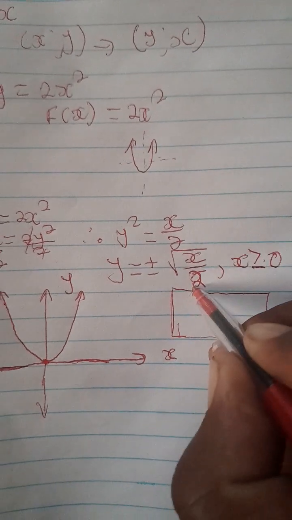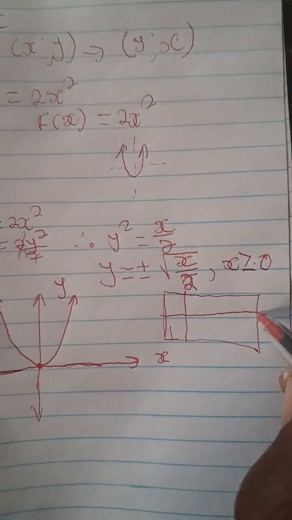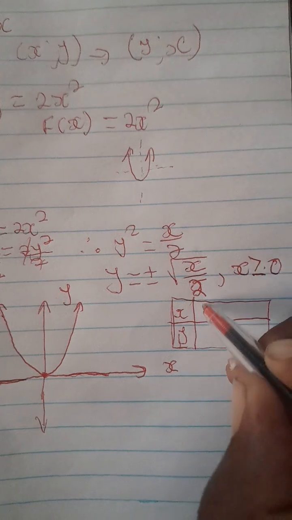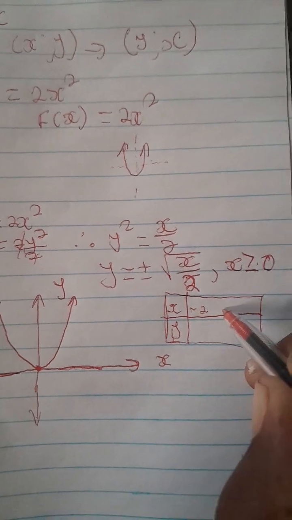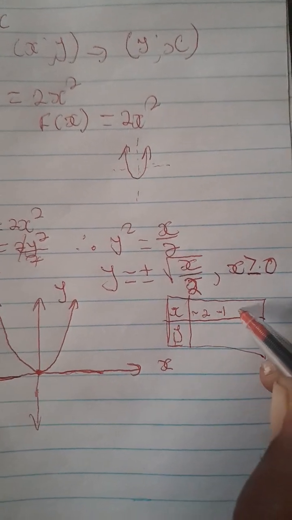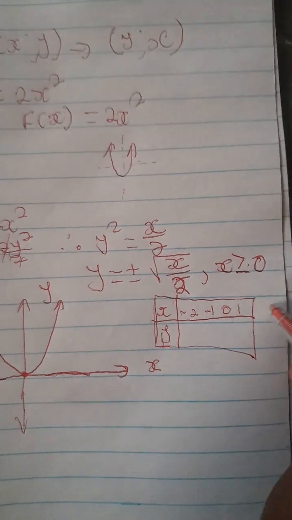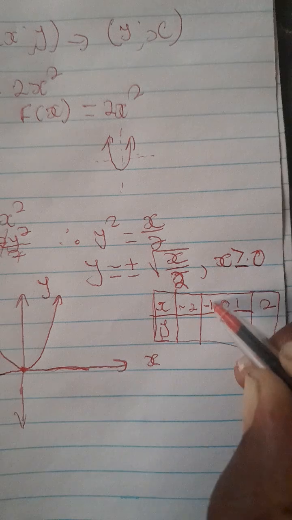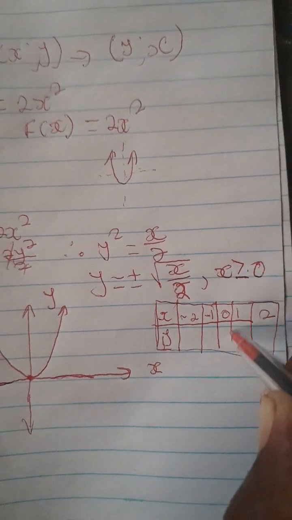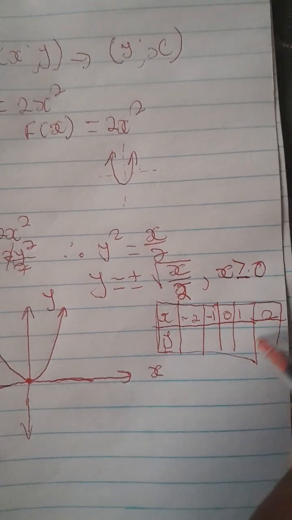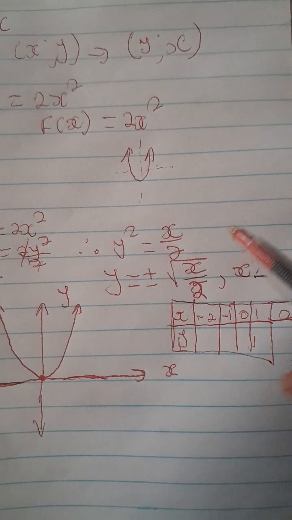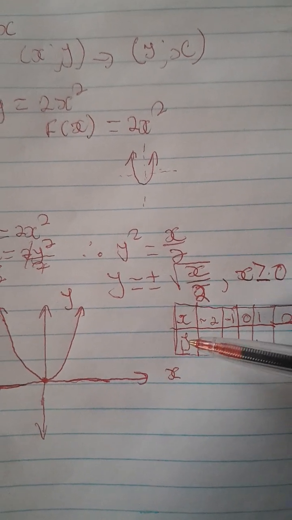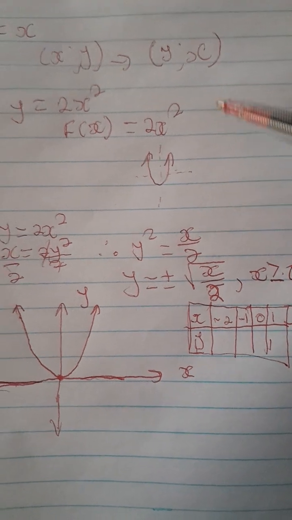So let's consider, remember, you have your x and y here. Let's say we have -2, -1, 0, 1, then also 2 here, for the original graph. If I take -2 here, where was the original graph?